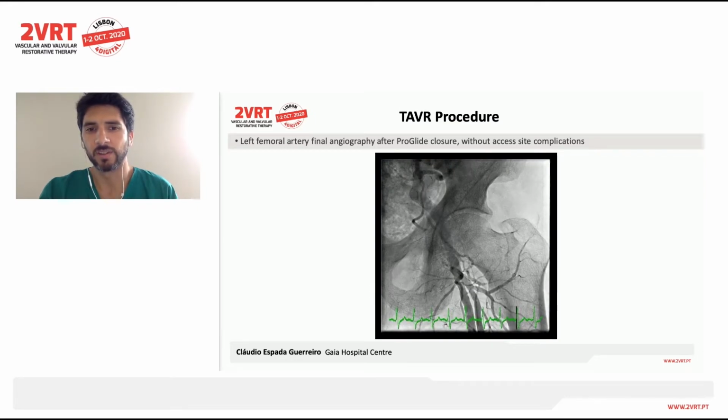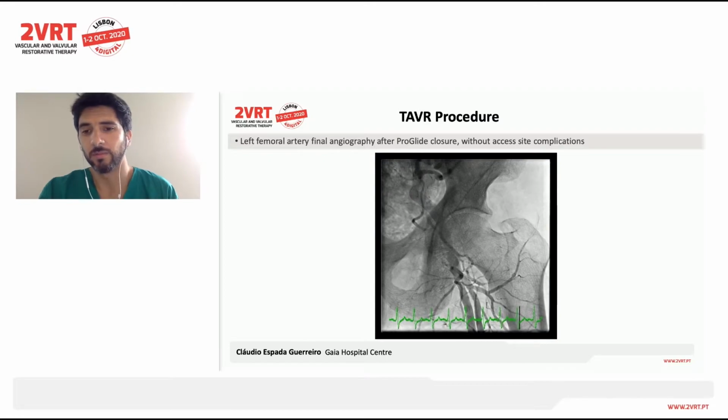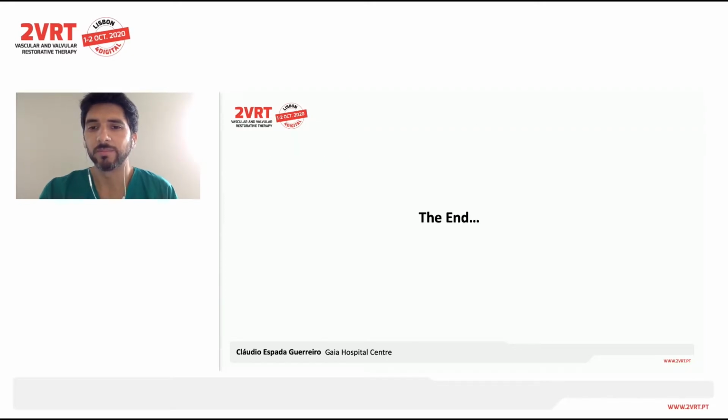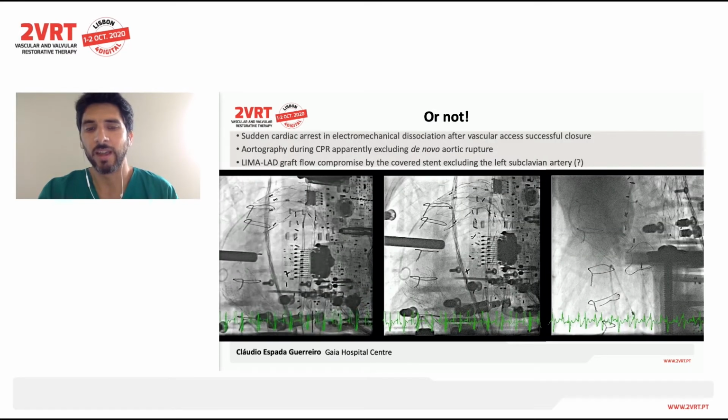We closed the left femoral artery without any access site complication, and we believed that that was the end of the clinical case. Obviously, we had a problem to solve with the revascularization of the supraortic arteries, but we thought that we had time to do it because the patient was very well. That was not the case.